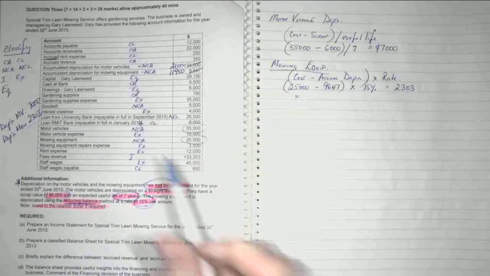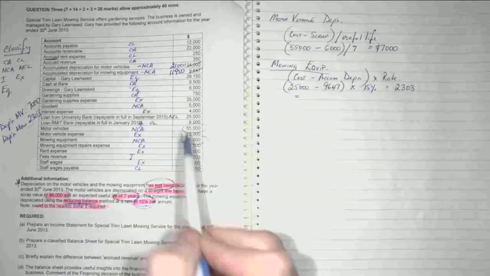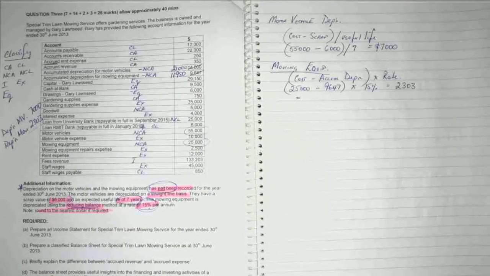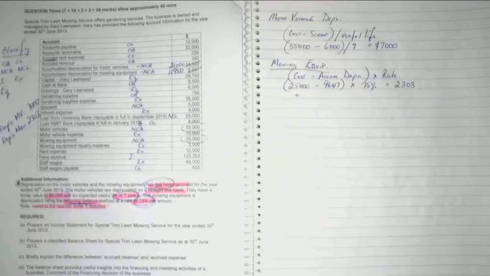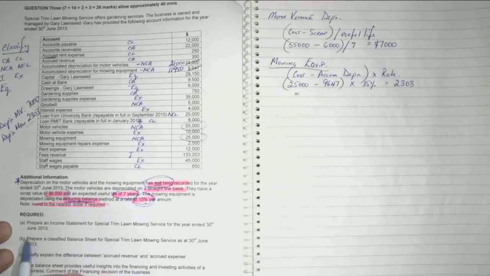So I made those adjustments in my question sheet so that I don't forget it when I go to put my income statement together or balance sheet together. Alright, so now we've done all the workings, so we can start looking at preparing an income statement.